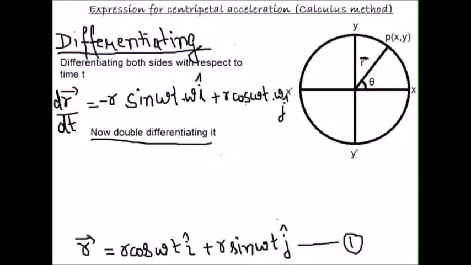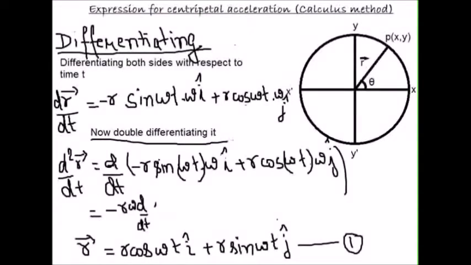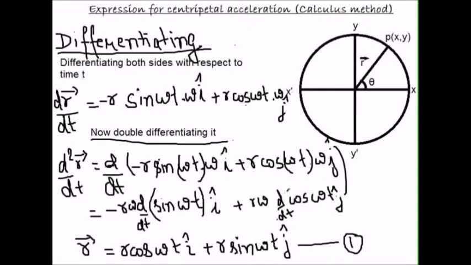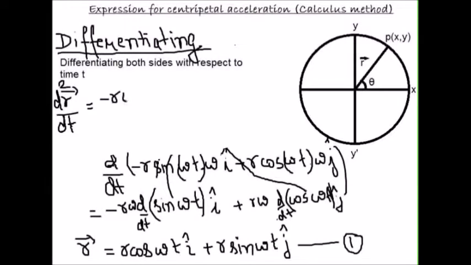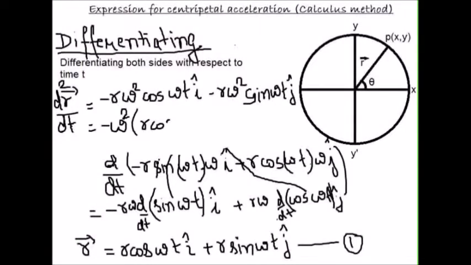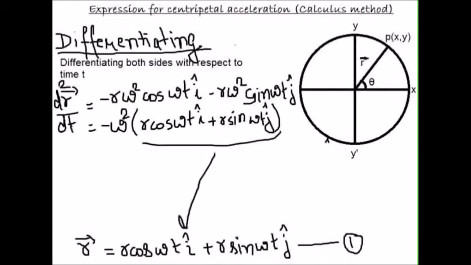Now double differentiating equation 1. Hence the final equation gives us minus omega square into r cos omega t i cap plus r sin omega t j cap.